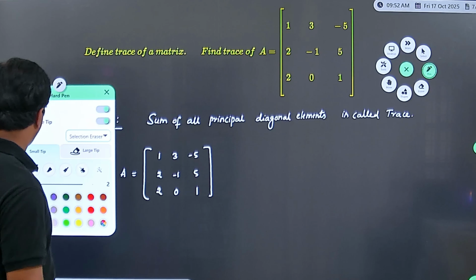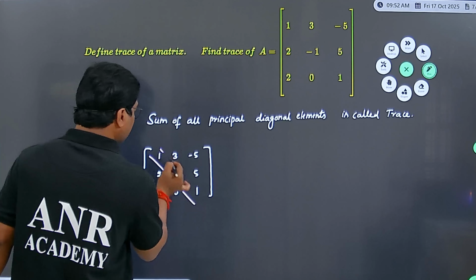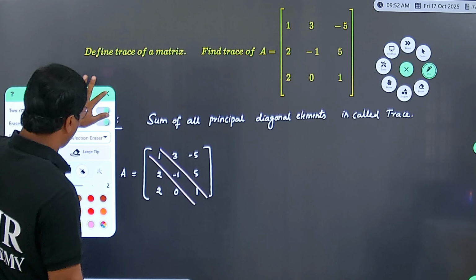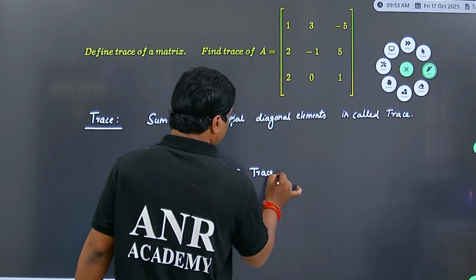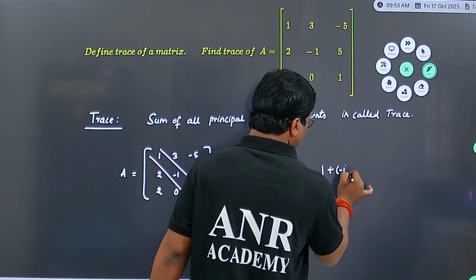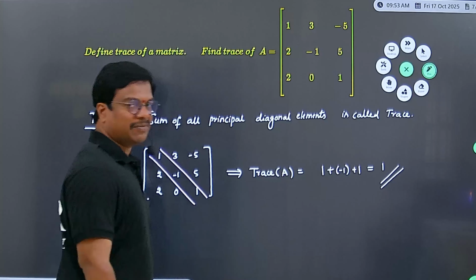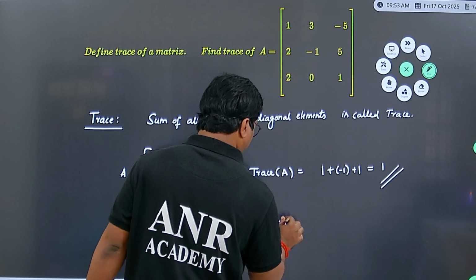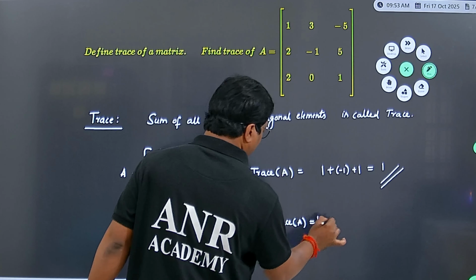Now find the sum of all principal diagonal entries. Adding all three, we get the trace, and from this you can write trace of A is equal to 1 plus minus 1 plus 1. Plus 1 minus 1 gets cancelled. Finally we get the answer 1. Therefore trace of A is equal to 1.